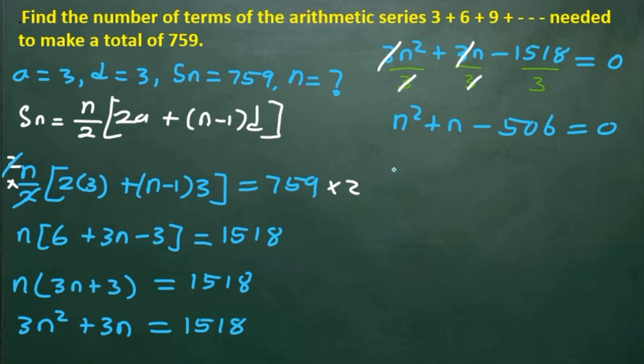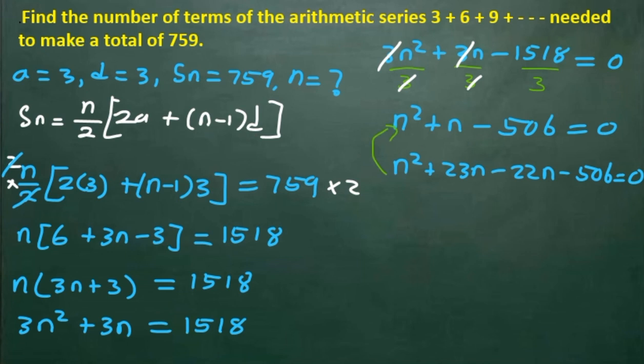So this is going to be n squared plus 23n minus 22n minus 506 equals 0. So this expression, when simplified, will give us that equation.